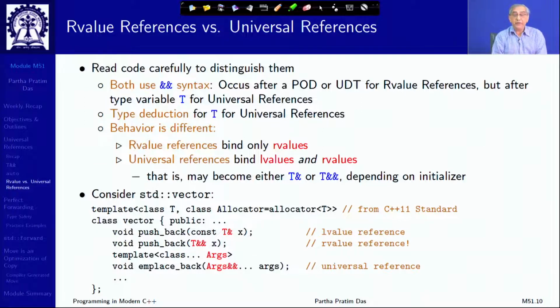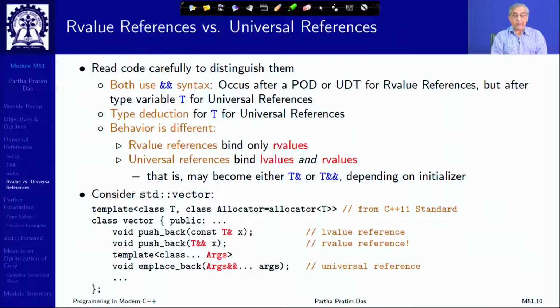So, this is the key behavior that is important to understand for universal references. Universal and R value references can be compared very easily. Both use the same && syntax, and it works as an R value reference if it occurs after a plain old data type or a user defined type. But for a variable type T in a template, && will work as a universal reference.